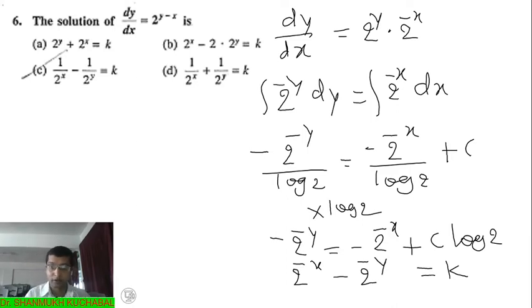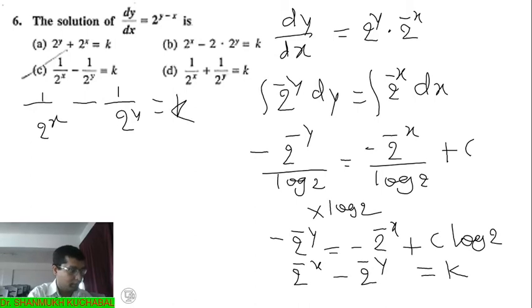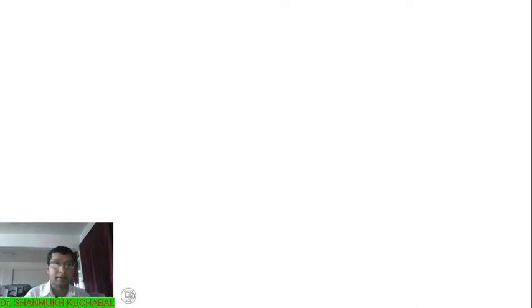Further, 2 raised to minus x can be written as 1 divided by 2 raised to x, and 2 raised to minus y is 1 divided by 2 raised to y, equal to k. Therefore option C, 1 by 2 raised to x minus 1 by 2 raised to y equal to k. Therefore option C is the right answer.